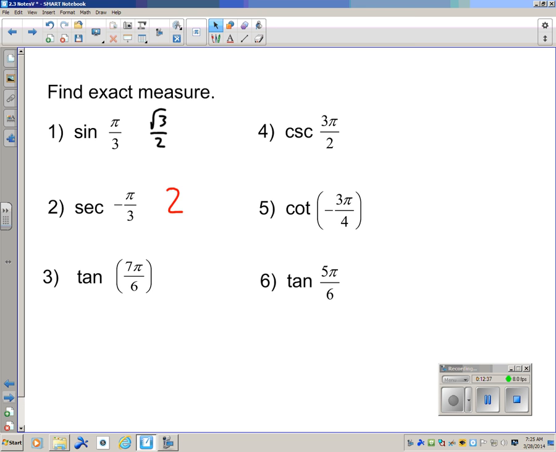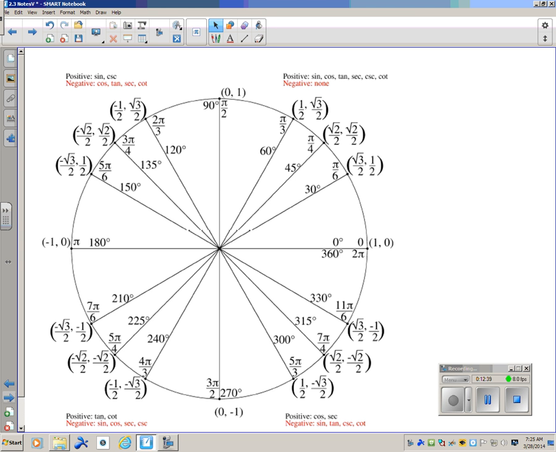So if I look over here, just using my unit circle here, pi over 3 is up here. If I reflect it down here, it matches up with the 300 one down here. And I can tell if I'm going this way, because pi over 3 is this way, negative pi over 3 is going to be there, same distance there, just in the opposite direction.